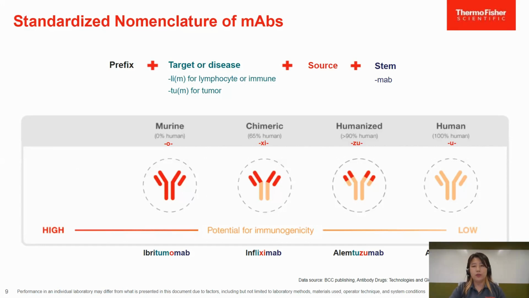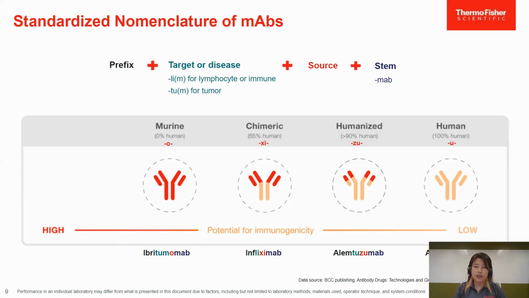And they also put in the source of your monoclonal antibody. There are actually four types of source. Here o for murine, Xi or C for chimeric, Zu for humanized, and U for human, so fully human. So for example, when you look at adalimumab, it targets immune disease. It's a fully human type monoclonal antibody.